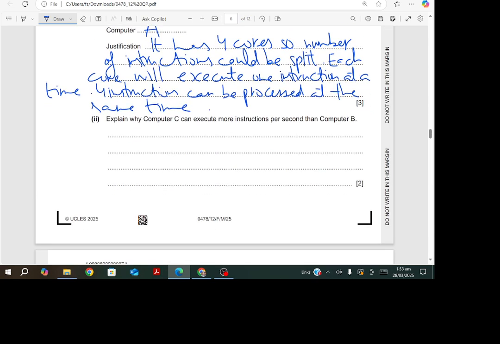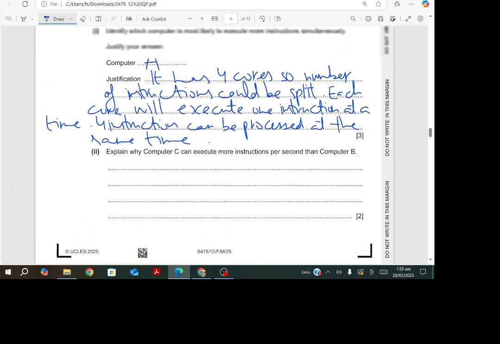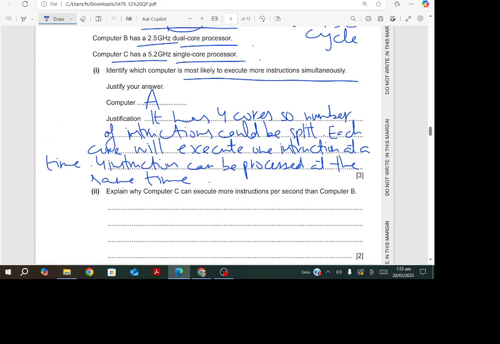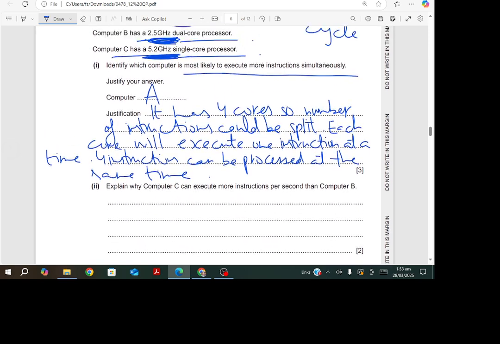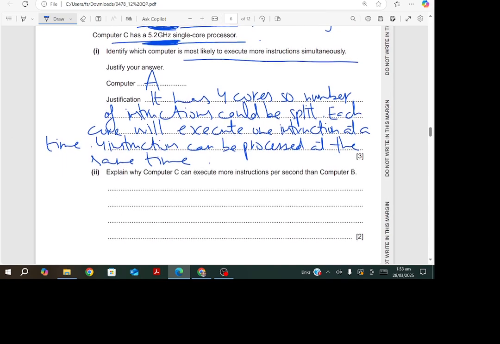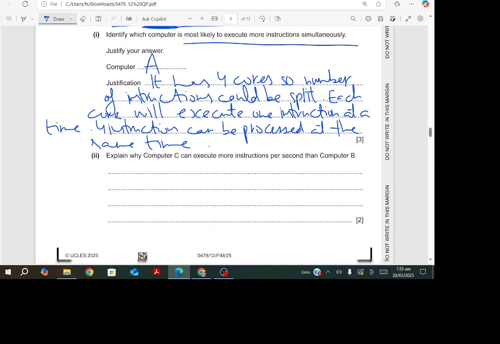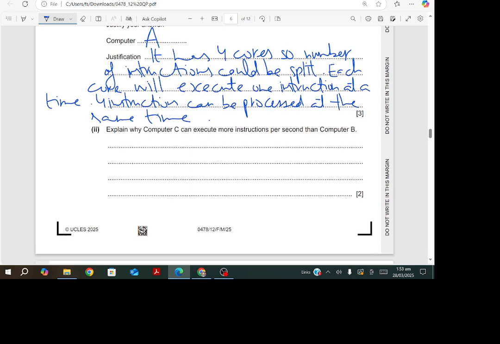Again easier. Why can computer C execute more instructions per second than computer B? C was a 5.2 gigahertz single core processor and B was a 2.5 gigahertz dual core processor. When instructions are more, what does that mean? 5.2 gigahertz means that the clock speed is higher.